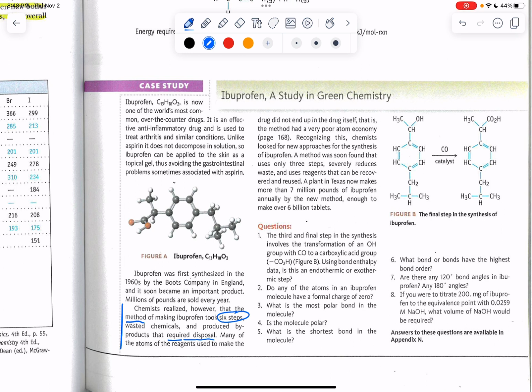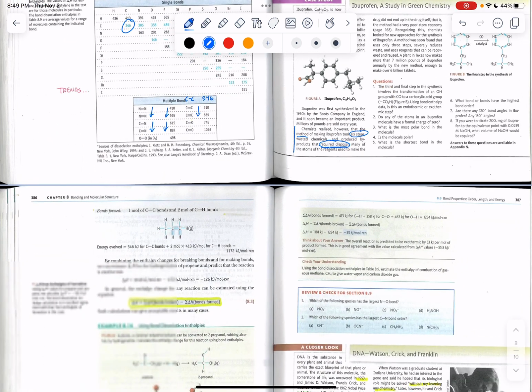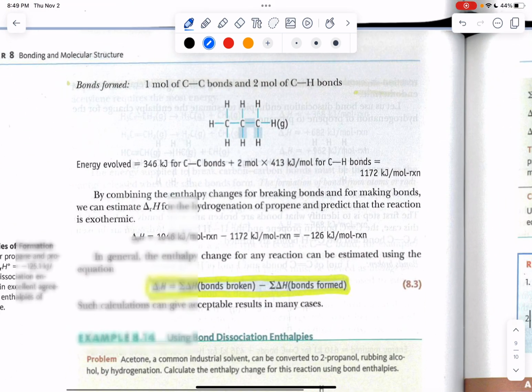And of course, not only is having less waste good for the environment, but a lot of times it means you have less byproducts that might be toxic for people. Anyway, let's move right along here.